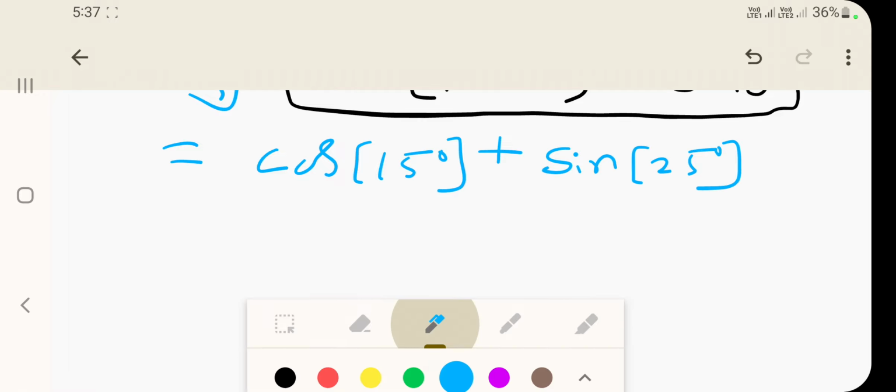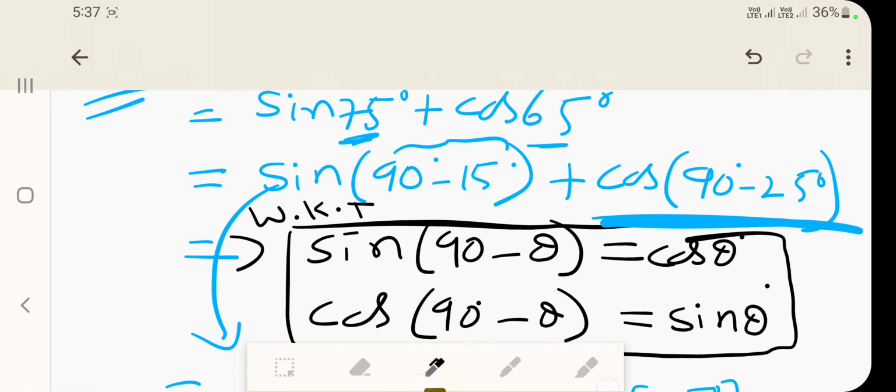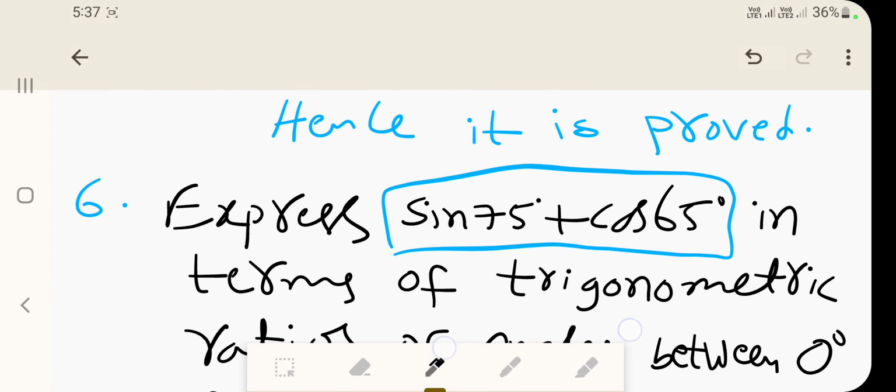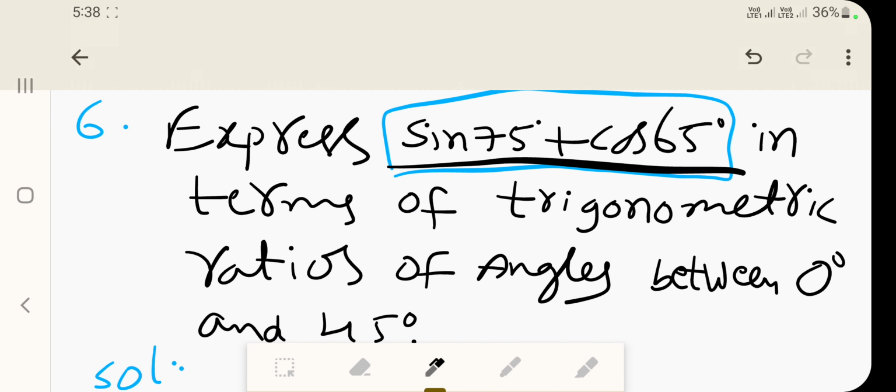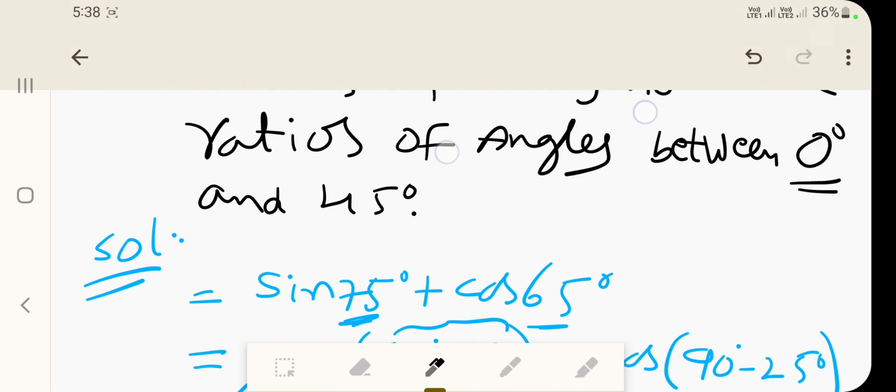That is what they asked in the problem, that for the given sin 75 and cos 65, express this in terms of new angles which lie between 0 and 45 degrees.